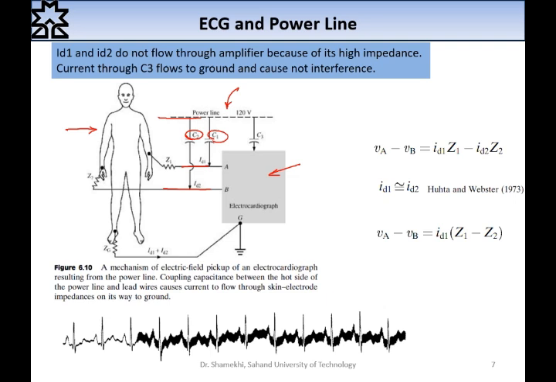As you can see, because of the C1, we have a current ID1 here, and because of C2 we have ID2 here. In common mode problems, we assume that our body acts like a single node here.